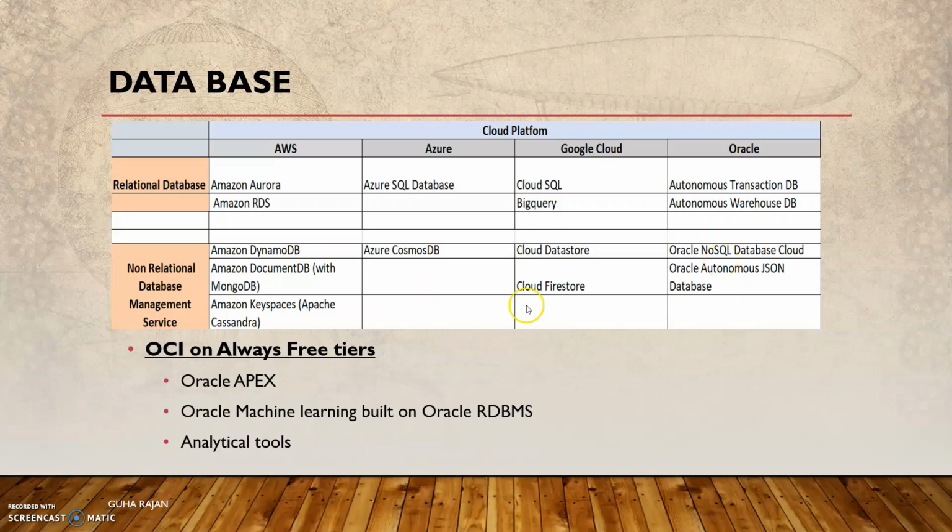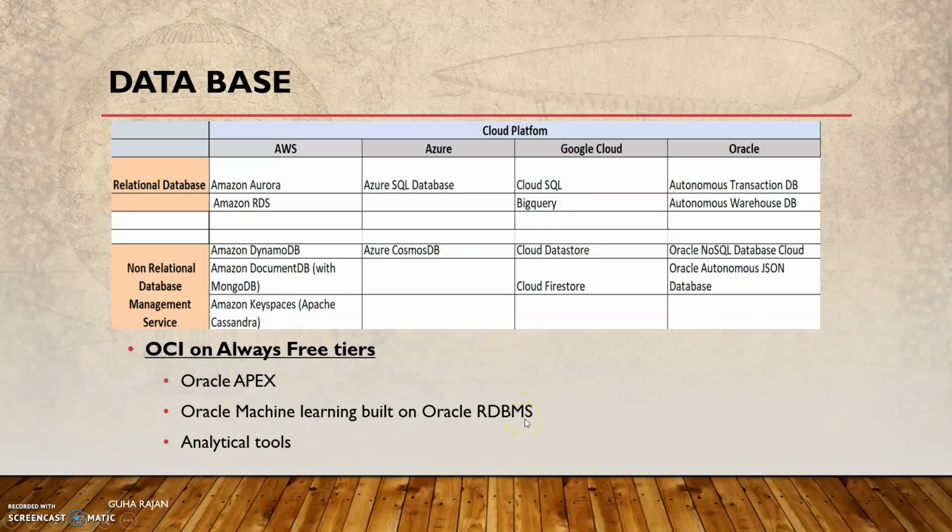And apart from that, if you look at the always free tier, Oracle APEX comes with the Autonomous Database. Oracle Machine Learning is built on the Oracle RDBMS. This is an interesting feature.